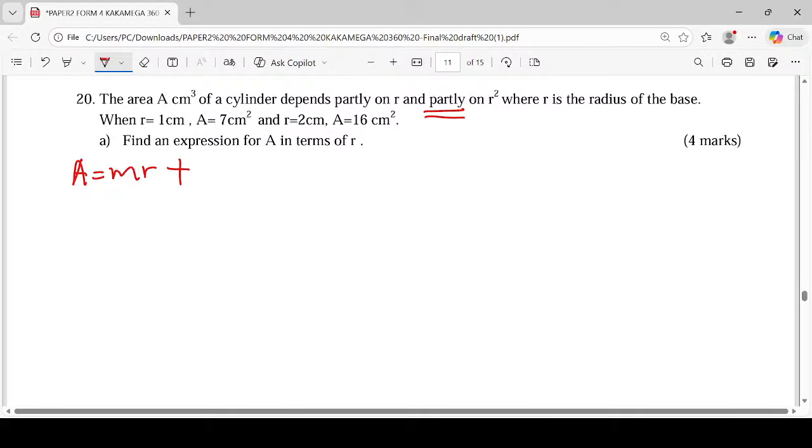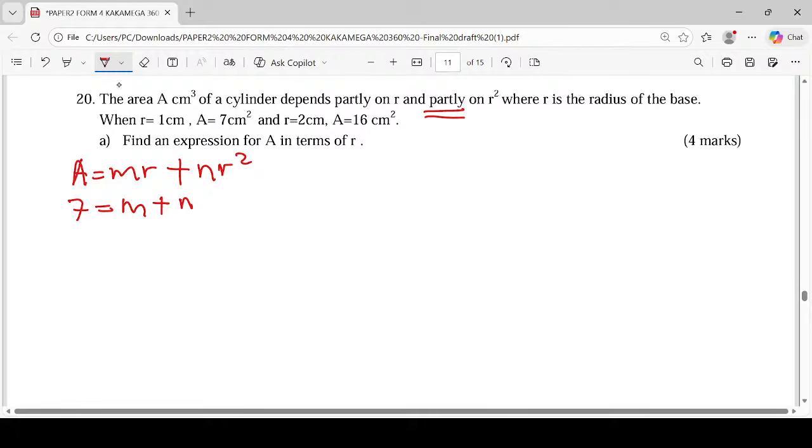A is equal to mr plus nr squared. So when r is 1, A is 7. So 7 is equal to 1 times m, which will be m, plus r squared times n will just be n, because r is 1.